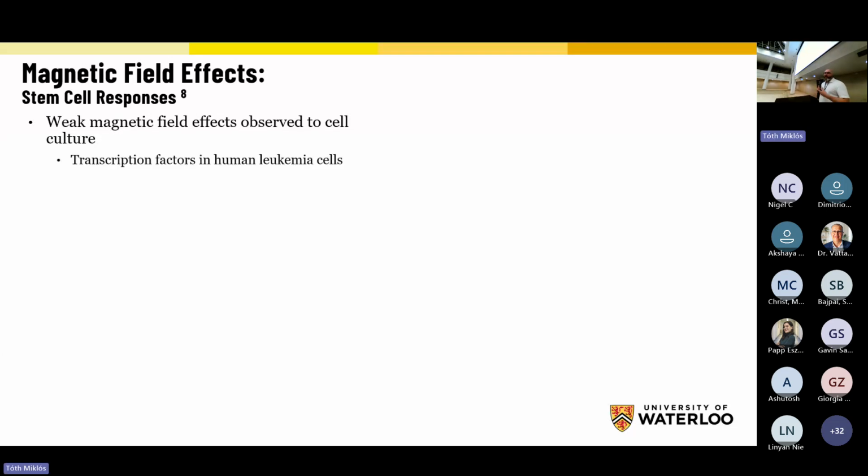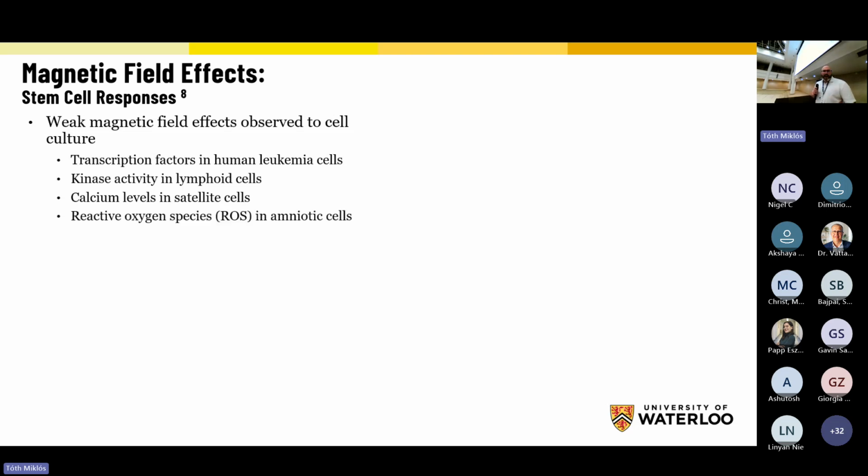For example, in human leukemia cells, it's been shown that weak magnetic fields can affect the expression of transcription factors, which are involved in gene regulation within the cell. Kinase activity in lymphoid cells is also affected by weak magnetic fields. Calcium levels in satellite cells can be altered by weak magnetic fields. And finally, reactive oxygen species levels can be affected in amniotic cells.